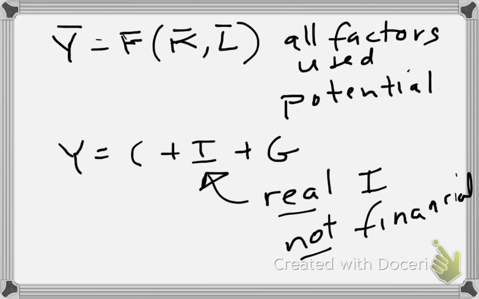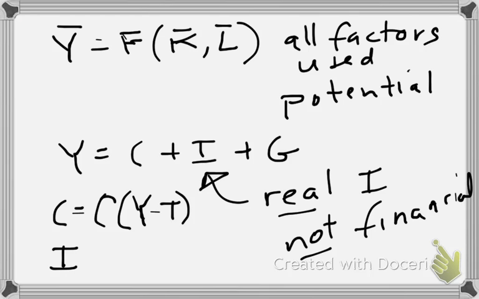So with these we add a consumption function where consumption is a function C of GDP minus taxes, so this is disposable income, and investment depends on the interest rate.